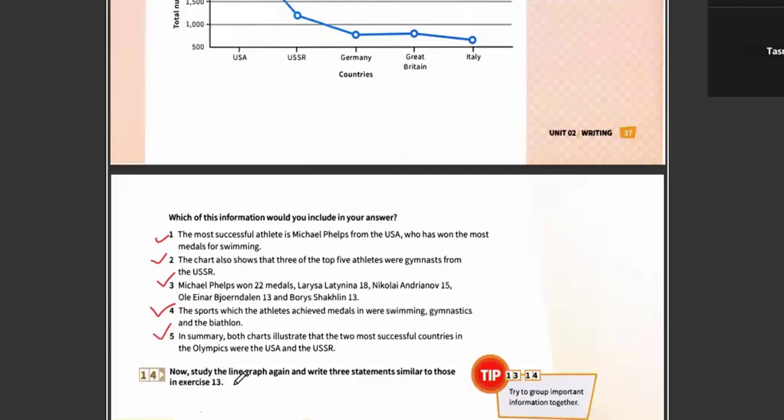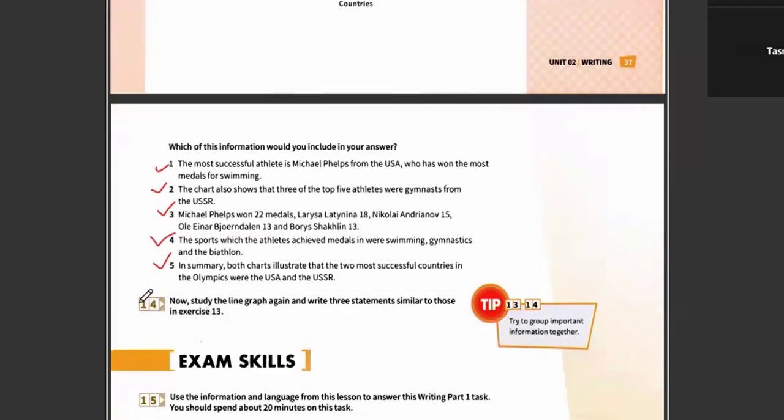And lastly, there is another question in number 14. Let's look at tip 13, 14. Try to group important information together. It is better to take at least one or two pieces of information.